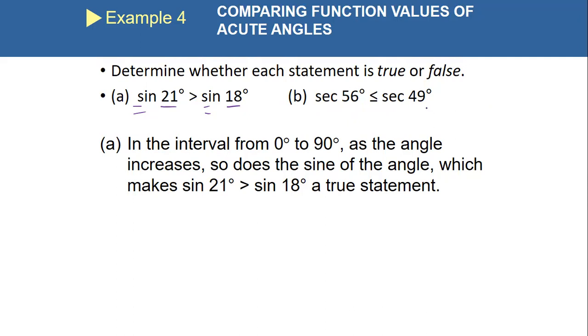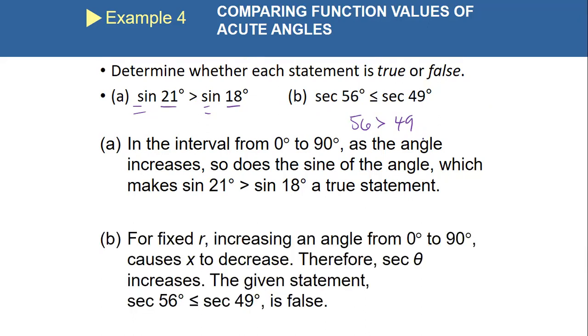It's false, because 56 is greater than 49, so my secant also is going to increase. If I said cosine of 21 is greater than the cosine of 18, this is a false statement.